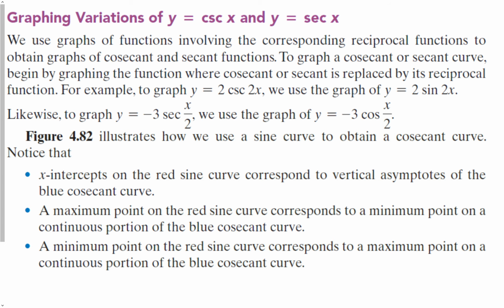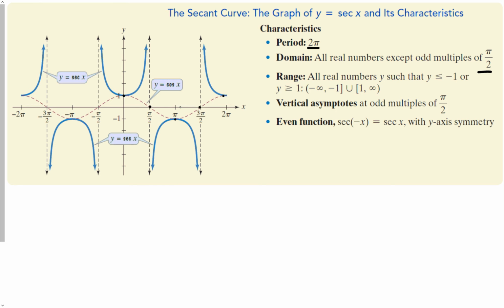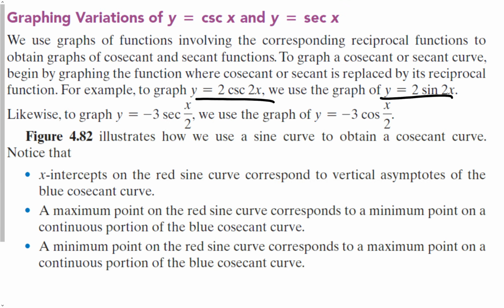When we graph variations of this, instead of graphing 2 cosecant 2x, we're going to graph the dotted line that you see in this picture. So we're going to graph 2 sine 2x. And if we wanted to graph the function with the secant, we're going to graph the cosine function.